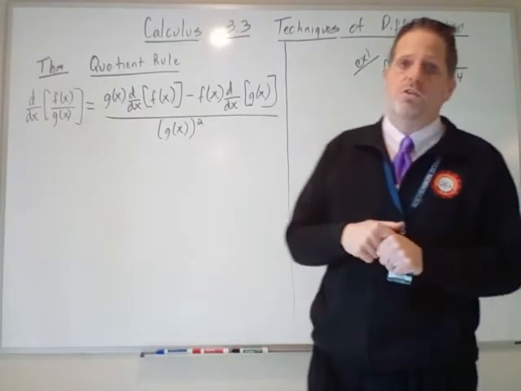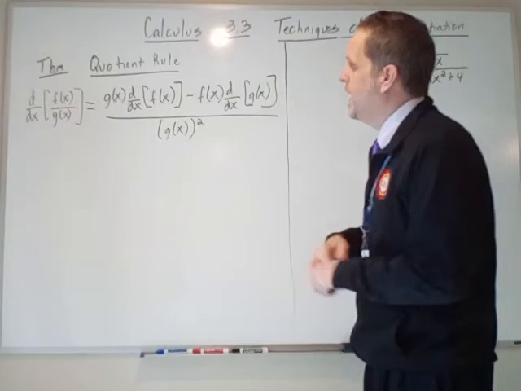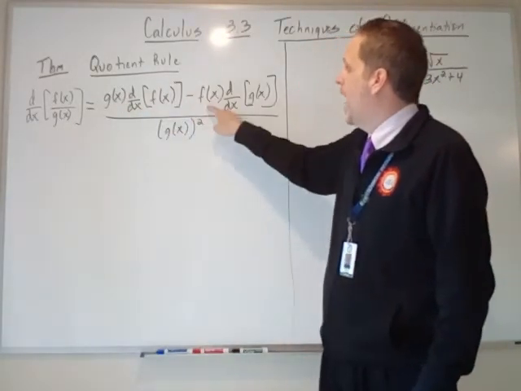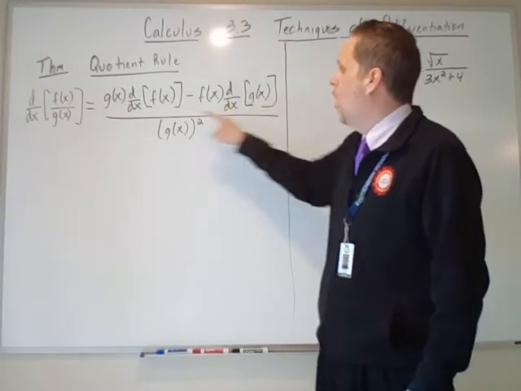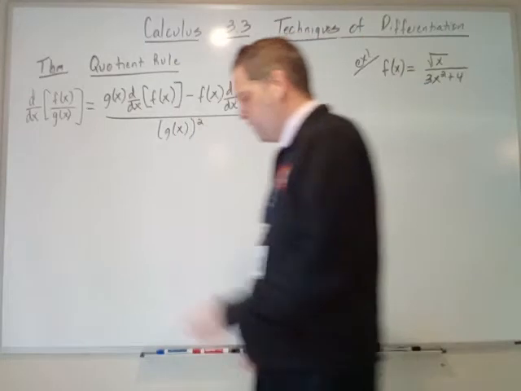Okay, so the mnemonic device in how to remember the quotient rule is low d high minus high d low all over the square of what's below.